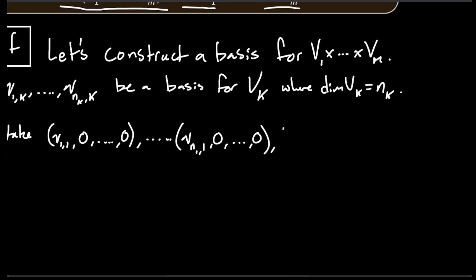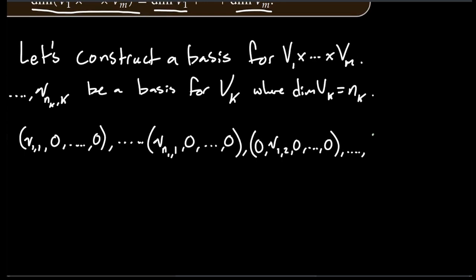Now I will do the same thing for the next one. Okay. And so I will take 0 and v, let me make sure I got this right. I got v1,2, 0, all the way down through the end. And then all the way down through. Now it'll be 0, vn2,2, 0, all the way down through the end.